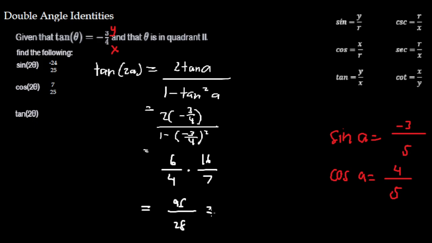Now, simplify. 96 over 28 is 24 over 7. Ayaw nga pala. May negative nga pala kasi negative 6 over 4 yung nasa taas. So, ang ating final answer should be negative 24 over 7.